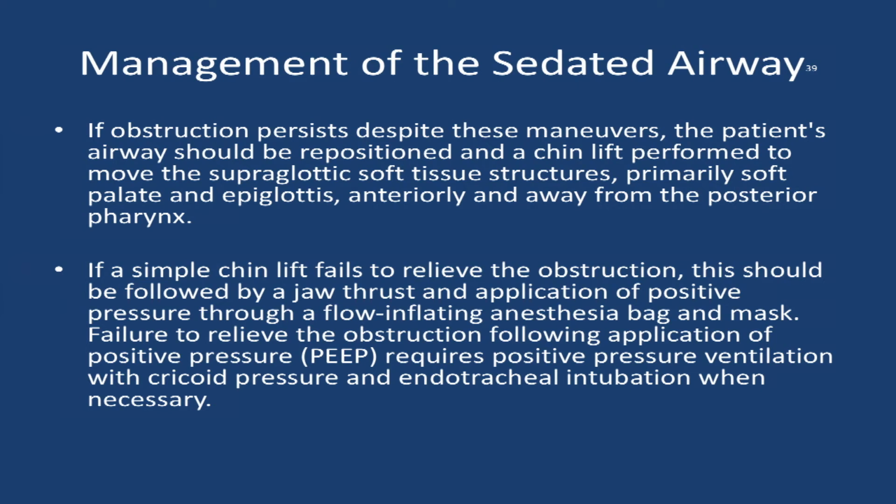If a simple chin lift fails to relieve the obstruction, this should be followed by a jaw thrust and application of positive pressure through a flow-inflating anesthesia bag and mask. Failure to relieve the obstruction following application of positive end-expiratory pressure requires positive pressure ventilation with cricoid pressure and endotracheal intubation when necessary.